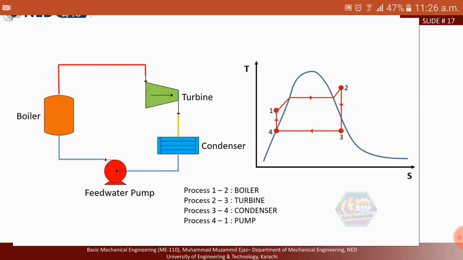So from 1 to 2 we are converting water into steam, and from 3 to 4 we are converting the mixture of water and steam into complete water. Why? Because there is no device which can increase their pressure directly.